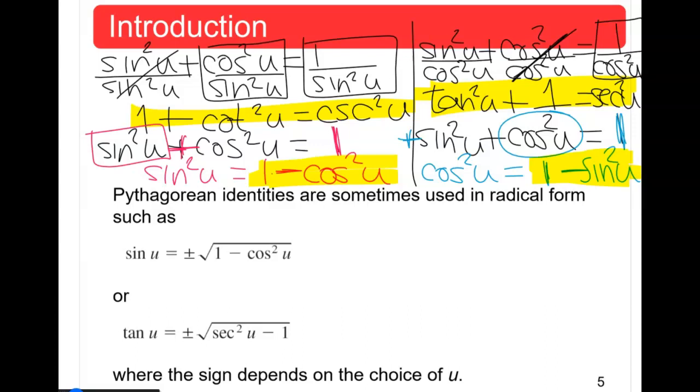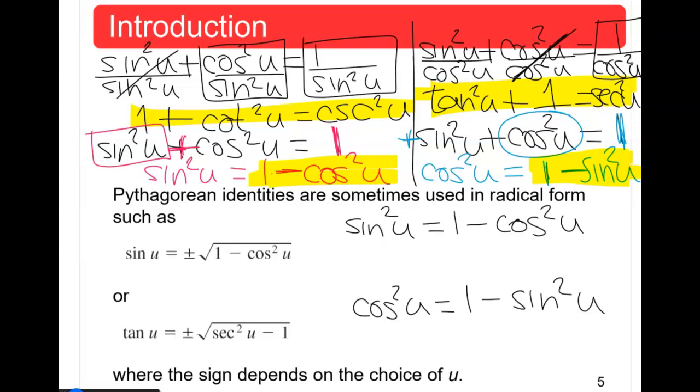Now, let's say that we want to find out what sine of u is. We don't want sine square of u, and so I'm going to pause the video for a second so I can write them down. Remember I was saying we want to solve for sine of u, not sine square. So how do we undo that square? We take the square root on both sides. And so that square root and the square of sine will cancel each other out.